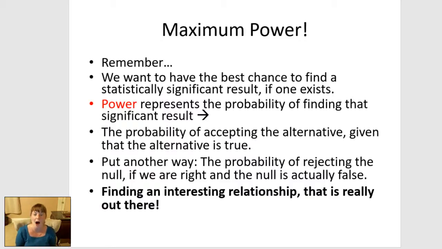You want power to be big, which is why researchers often get a whole lot of people, because a whole lot of people are going to make your sample average, whatever it is, be based on a much more accurate average, right? An average based on 36 people is going to be a whole lot more accurate than an average based on 9 people. So when you create your theoretical hypothetical sampling distribution of the mean, it's going to have small standard error.